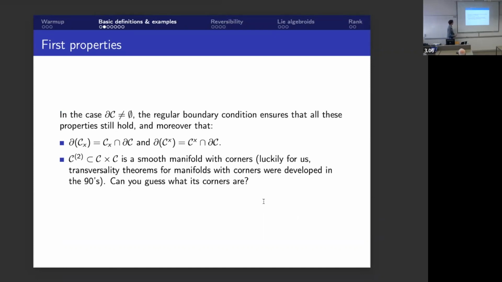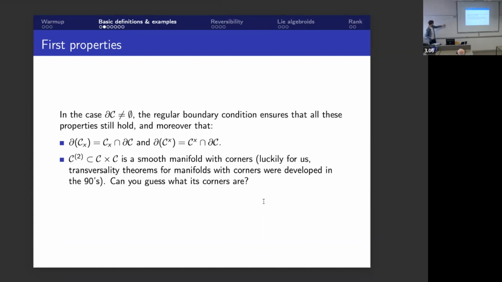So basically, what we have is the set of all composable morphisms lying inside the product, right? This is a manifold with corners because C has a boundary, right?